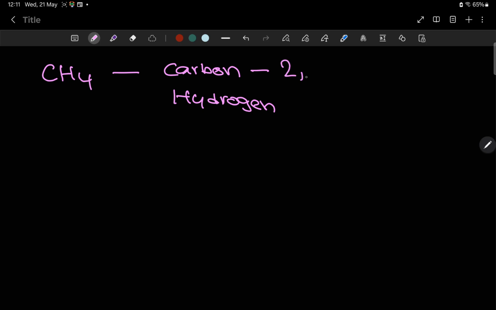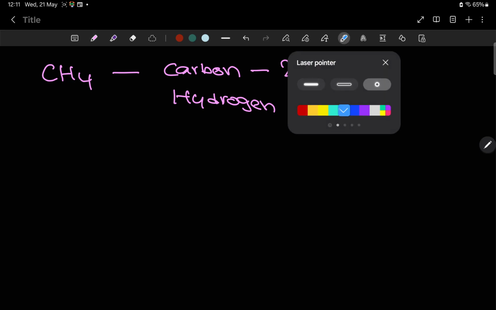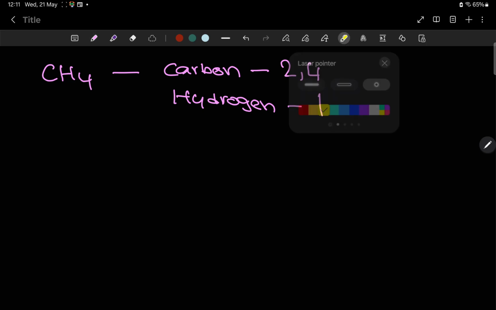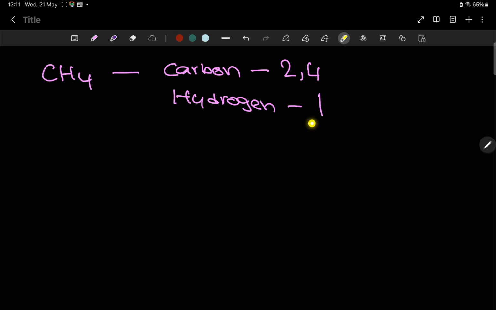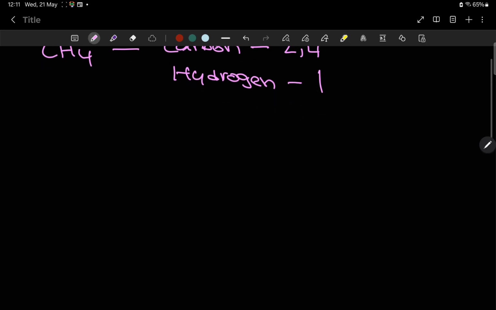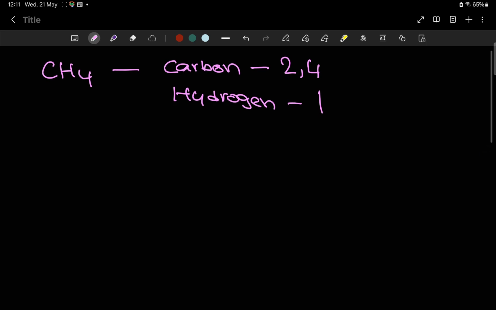Carbon, as we know, is 2, 4, and hydrogen is only 1. So hydrogen will try to attain the duplet configuration. It's an exception, right? Only hydrogen will try to attain the duplet configuration.